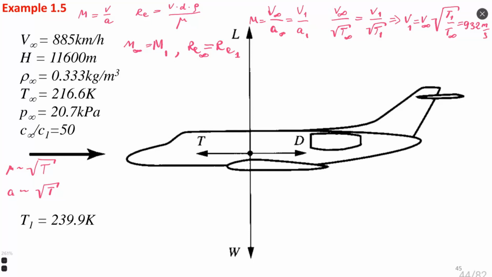So if you would like to keep same value of Mach, you need even to increase velocity inside the wind tunnel with respect to real flight, because temperature is bigger on the test than in the real flight. 932 meters per second.